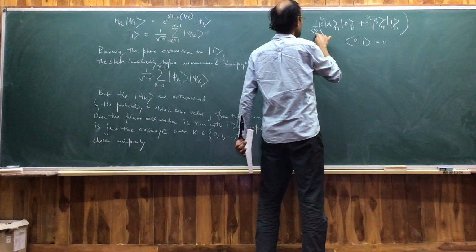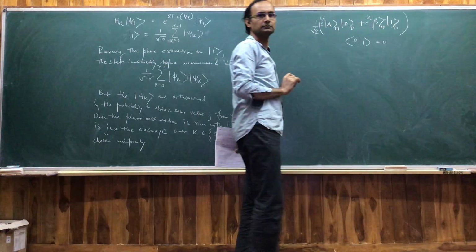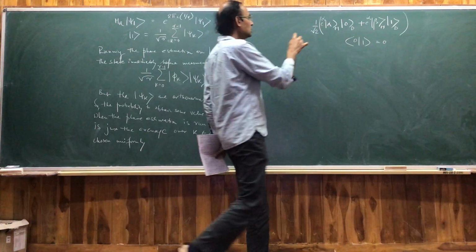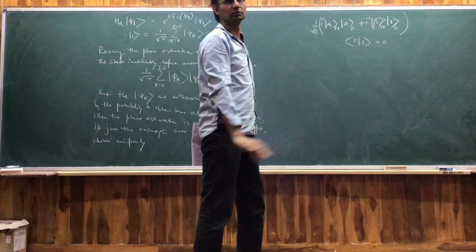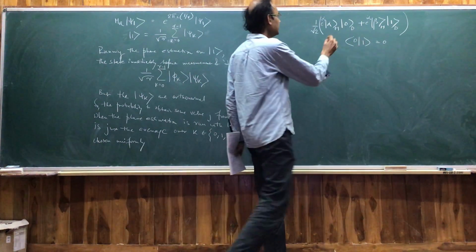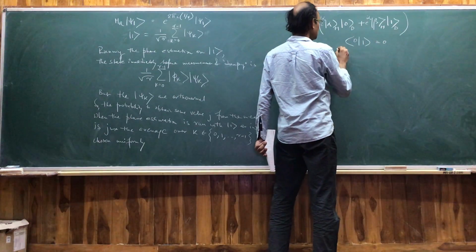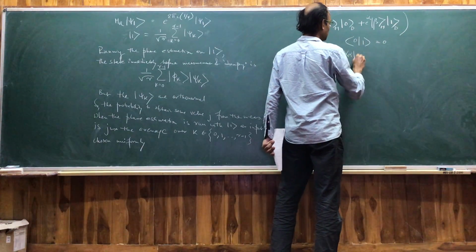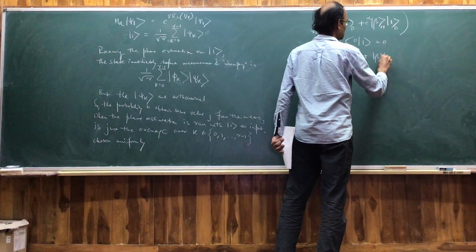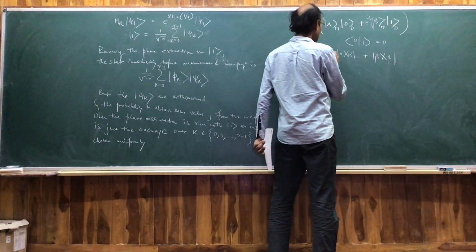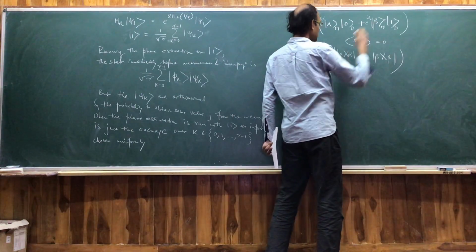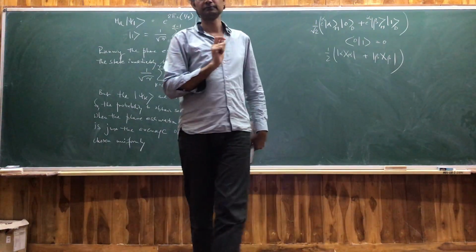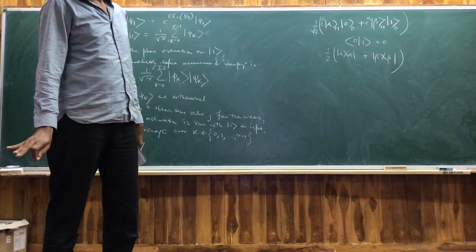It will change depending on how many terms there are. I am not assuming anything for the inner product of alpha and beta. They could be non-orthogonal. But if I trace out these two, I will get an equal mixture of alpha and beta. The phases will all vanish. This is half because there are two terms. If there are 5 terms, it will be 1 by 5.